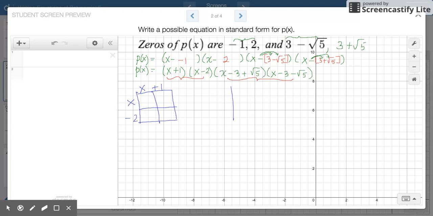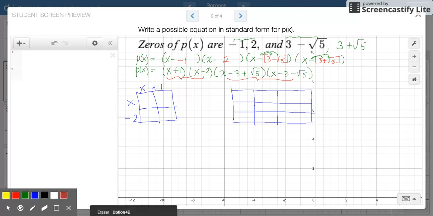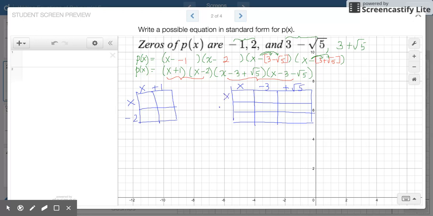And for this, we'll put x minus 3 plus square root of 5, and then here, x minus 3 minus square root of 5.